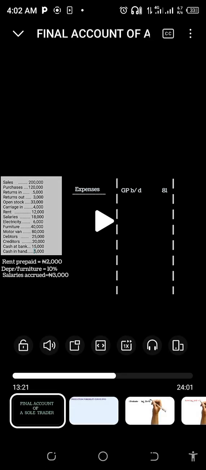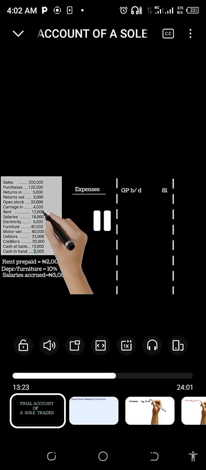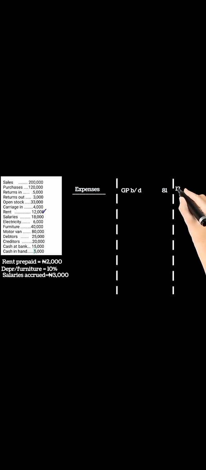Prepayment is a current asset, so we have to minus our prepayment from the rent. That is, prepayment is rent paid in advance. So the first one there is rent, which is 12,000, and prepaid rent paid in advance, which is 2,000. So we are going to say 12,000 minus 2,000, which is 10,000. The prepaid expense of 2,000 is removed. So we have rent equals 10,000.